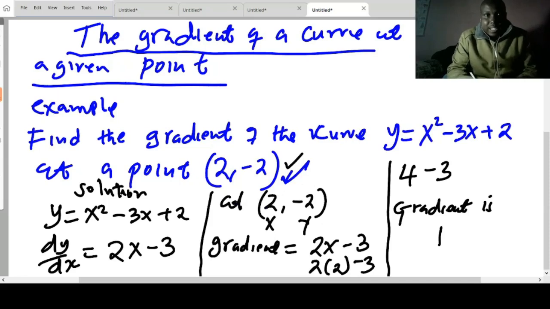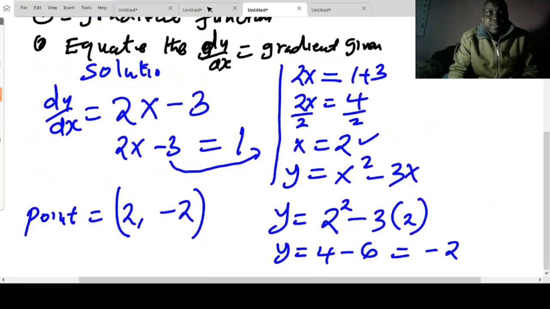The last thing I want us to do is one example of a different kind.